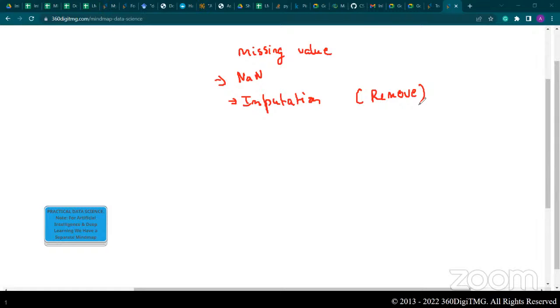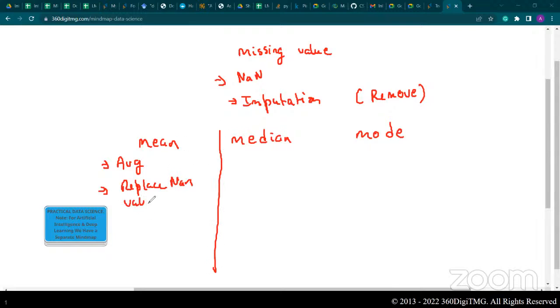So let's do imputation. Imputation is of 3 kinds. We have mean, median, and mode. Now we all know how to calculate mean, median, and mode, right? Mean is the average value. So in mean imputation we replace NaN values with the mean.